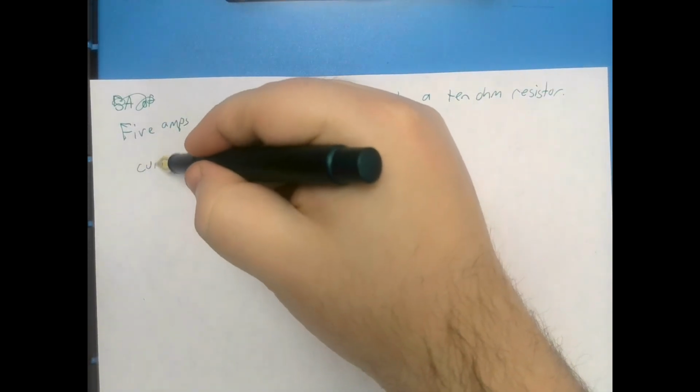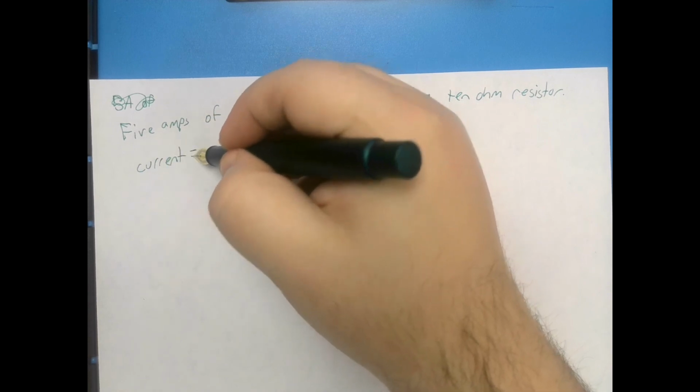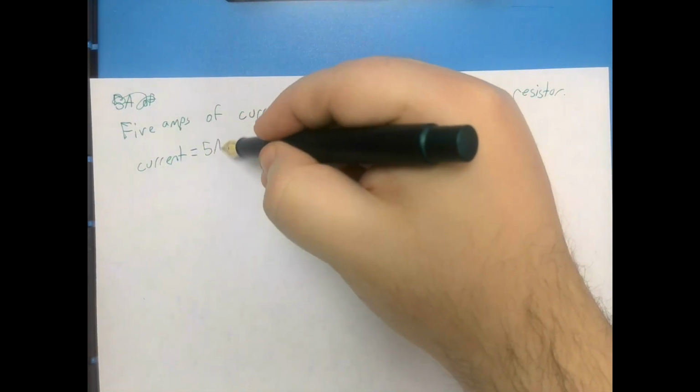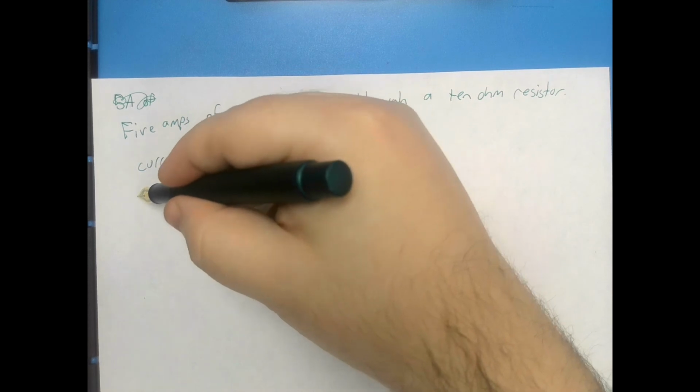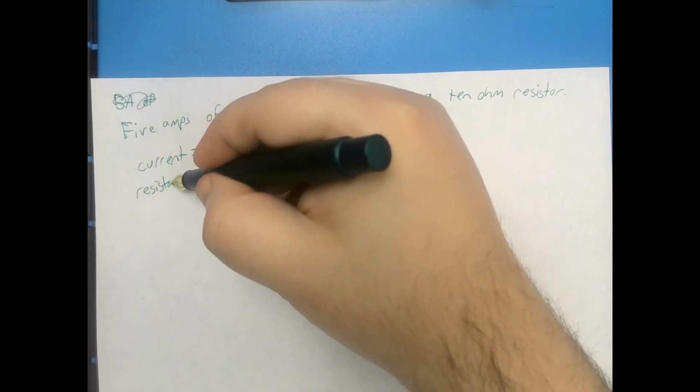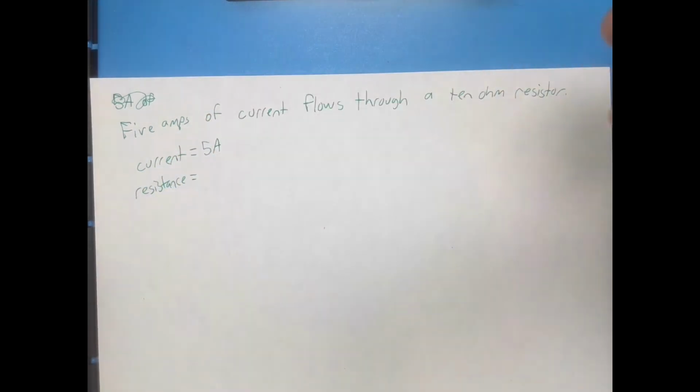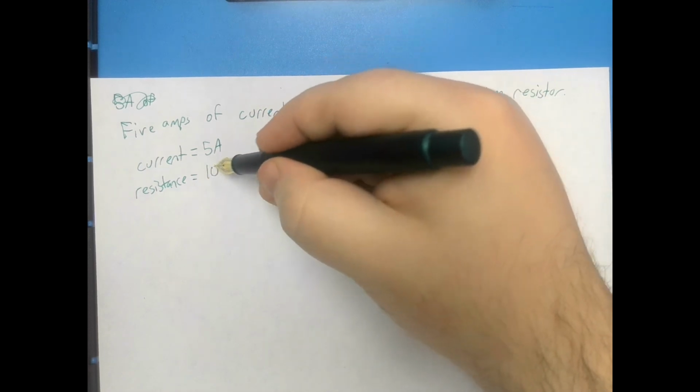So our current is 5 amps, and our resistance is 10 ohms.